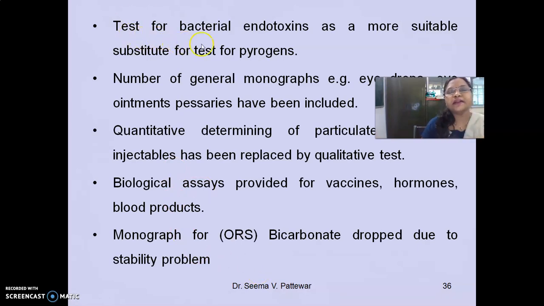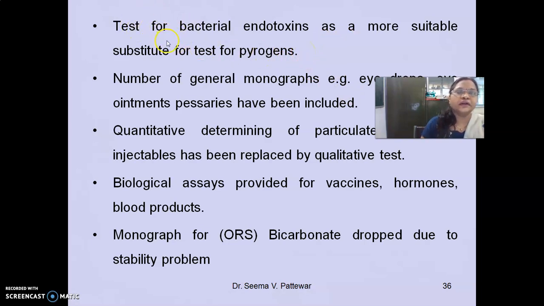Test for bacterial endotoxin as a more suitable substitute for the test for pyrogen. In the last edition of the IP, we saw that two types of pyrogen test were introduced, the rabbit test and the LAL test. The rabbit test is more time consuming.